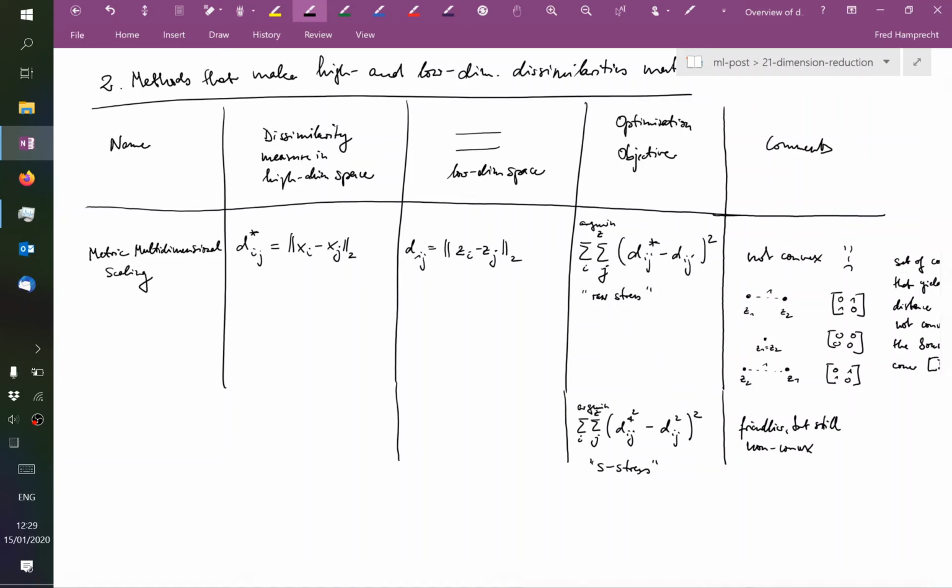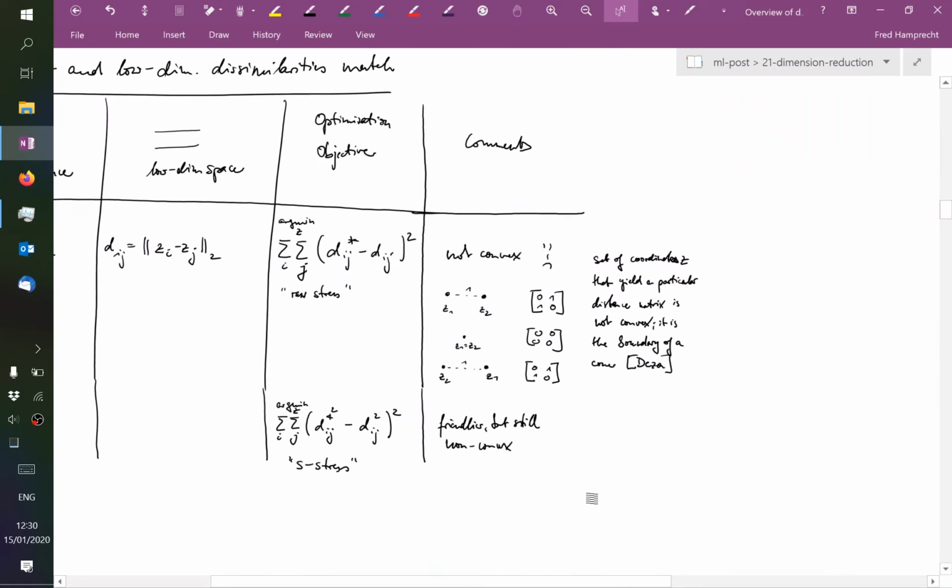Good, so that's metric multidimensional scaling. I've given comments on how they behave in the optimization. I can also comment on what the resulting embeddings look like, and both of these methods, they emphasize the long distances too much.